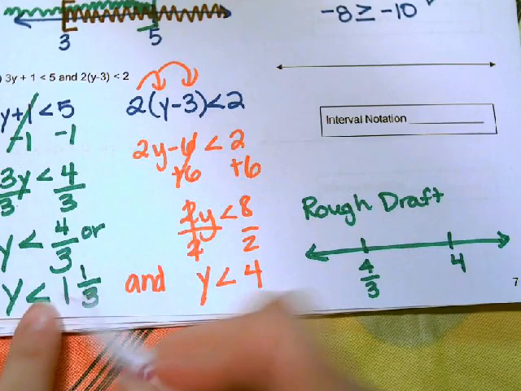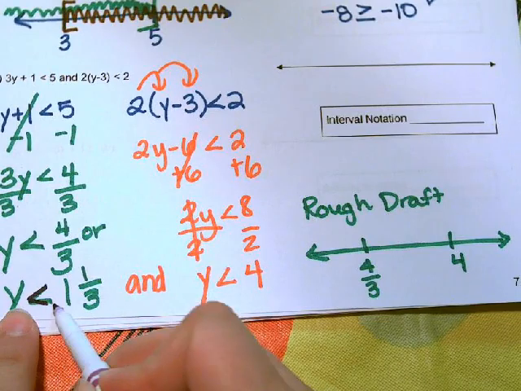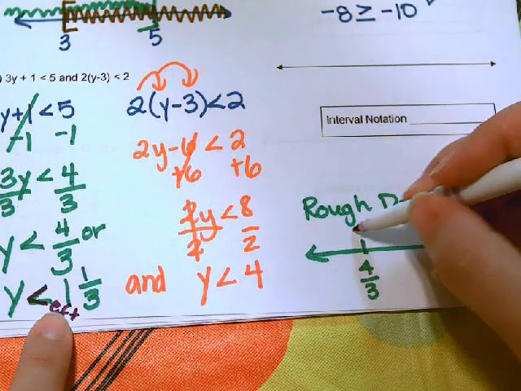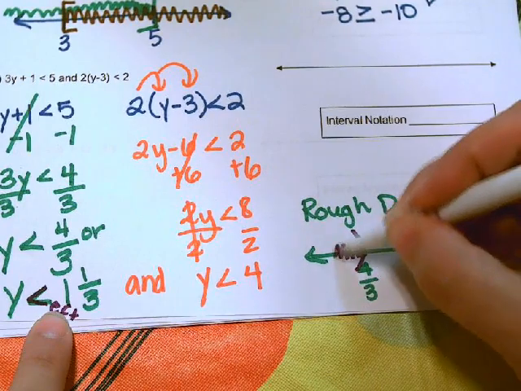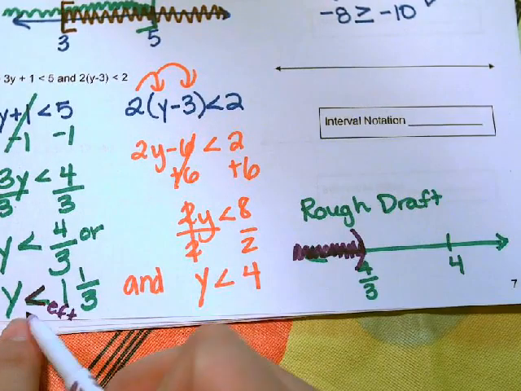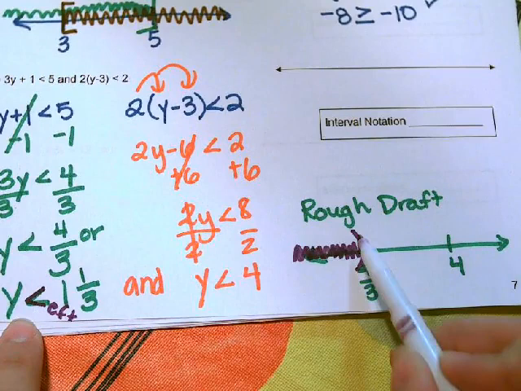And I'm going to start with this one. This says shade all the numbers, this makes an L for left or less. So I'm going to shade all the numbers that are on the left side. Notice I'm putting a parenthesis here because there is not a bracket or there's not a line underneath, so it means don't include 4/3.